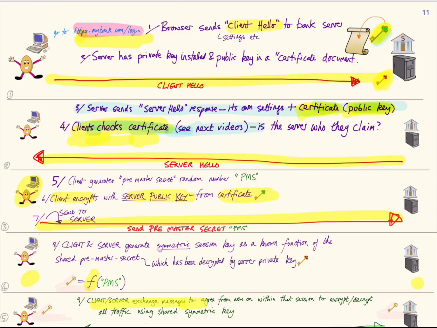So in step 9, the client and the server from that point exchange messages within that session, until the client hits close on the browser effectively, to encrypt and decrypt all the traffic using that shared key. Right? I hope that makes sense.